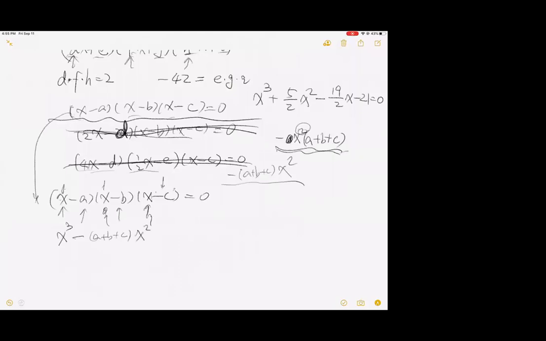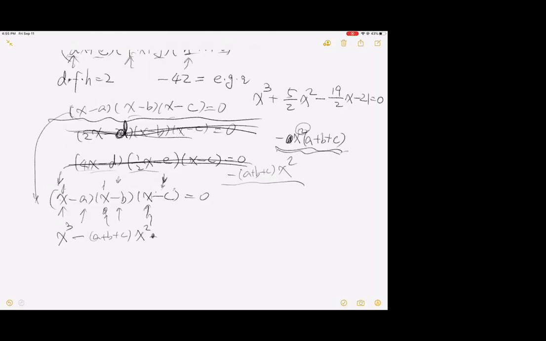Next would be the x terms: x times negative b times negative c, that's bc.